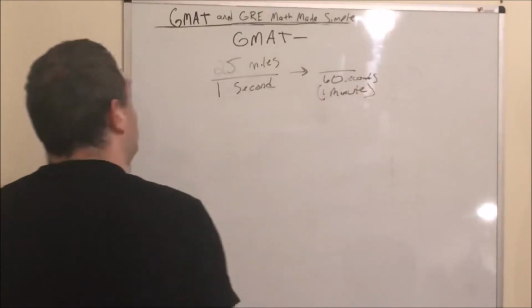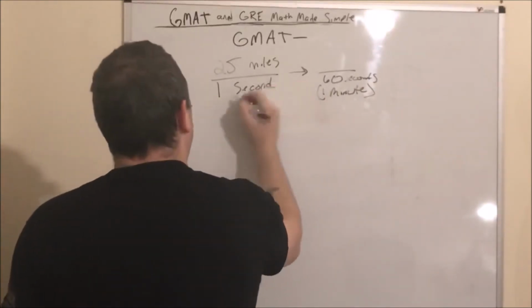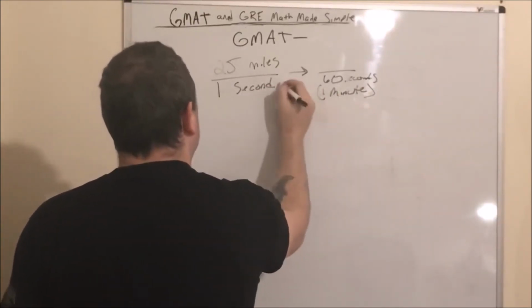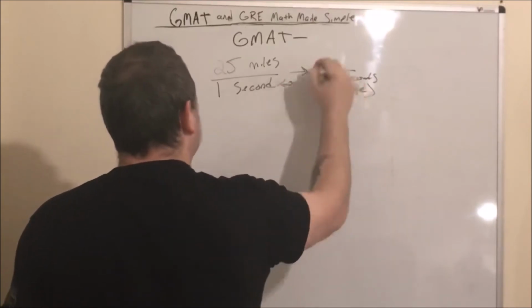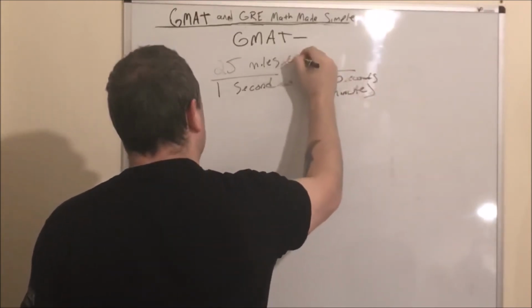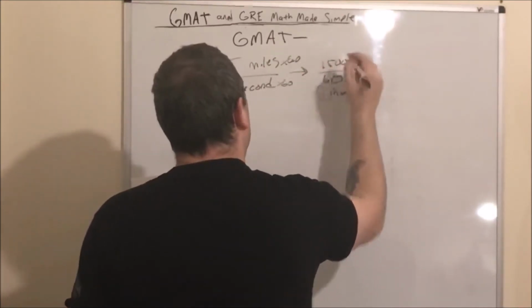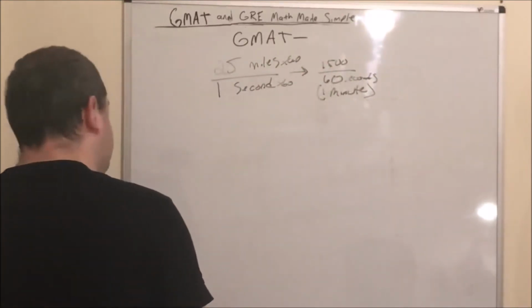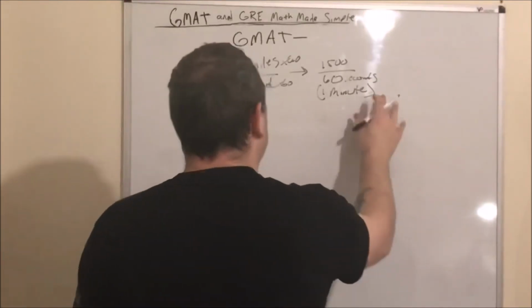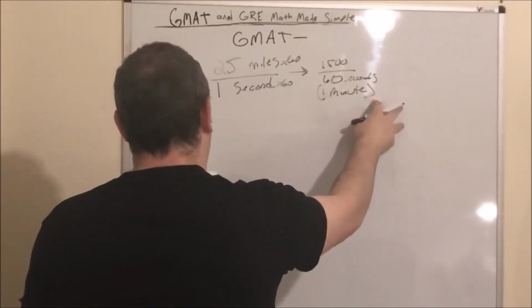Okay? Now in order to do that, you see that we went from 1 to 60, so you multiply by 60. In order to get this to the same, you multiply this by 60 as well, which gives us 1500. Okay, that's only for 1 minute, but it said per hour.